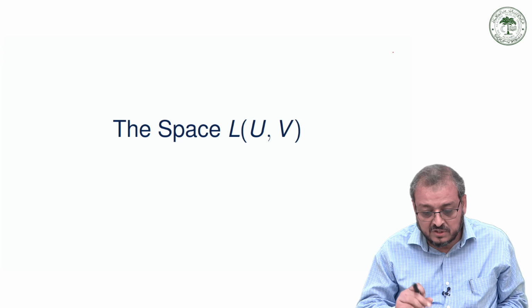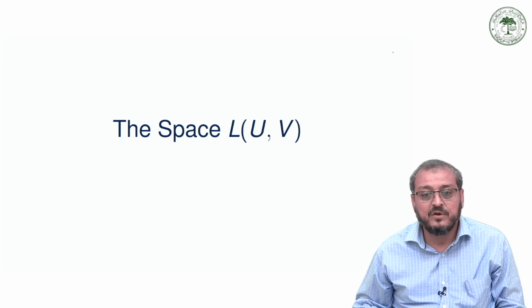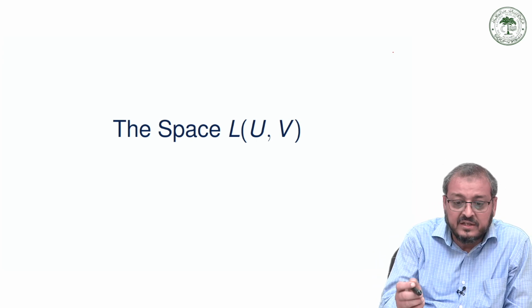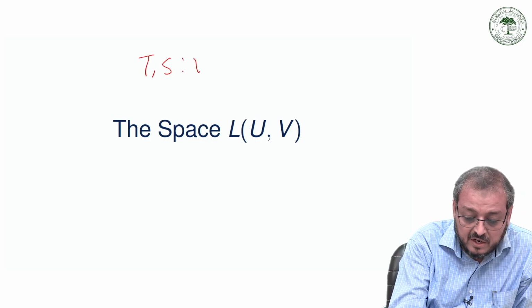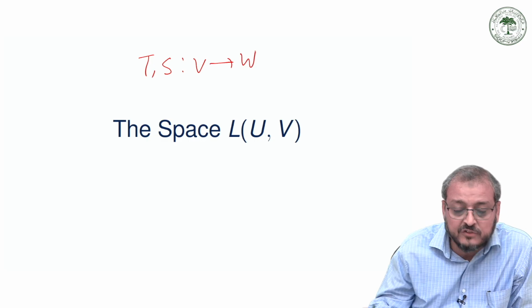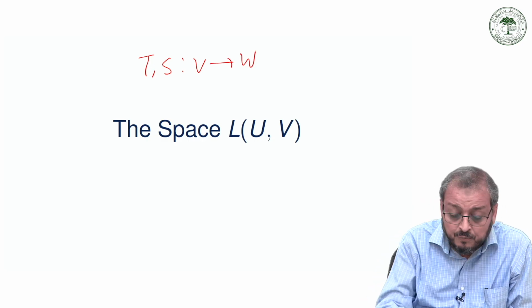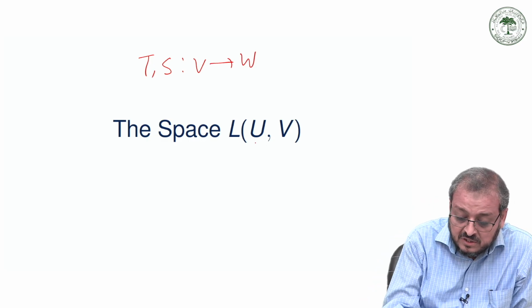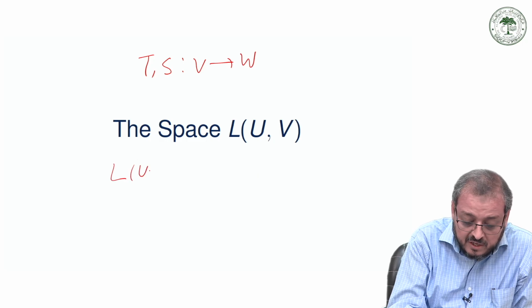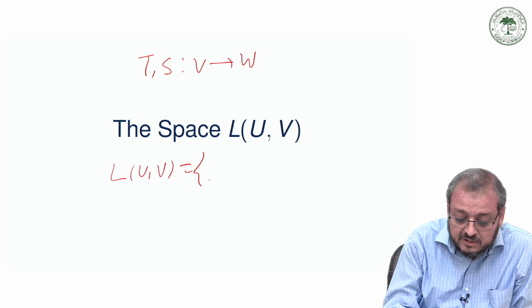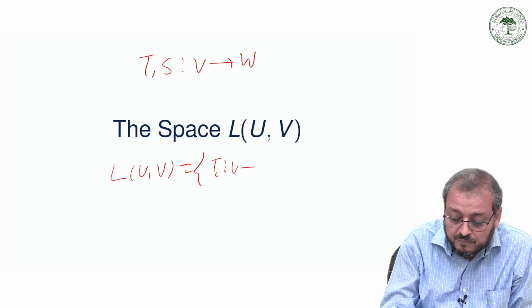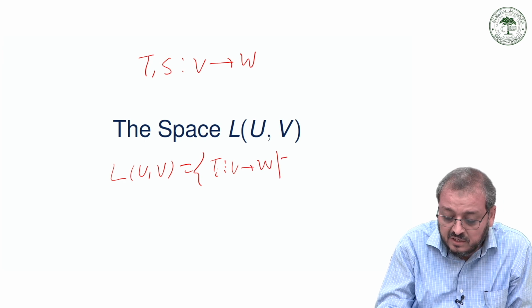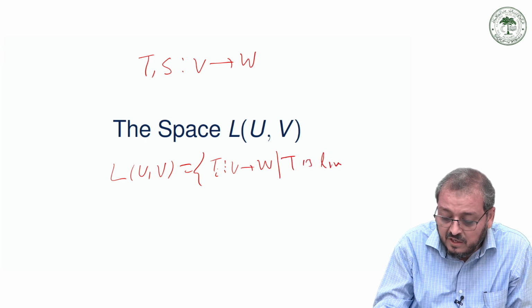So let's start with this. Suppose T and S are any two linear transformations from V to W. Then L(V,W) means a collection of all linear maps T from V to W such that T is linear.